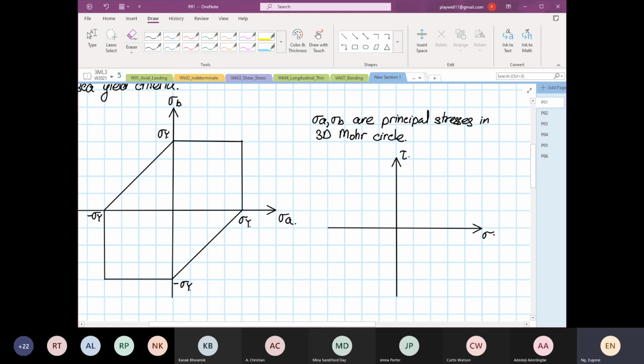Okay, if I were to draw 3D Mohr's circle, this is just a sketch. So this is one of the circles. Then you have another circle. Oops, not enough space. You guys will tell me, Eugene, it has to be a circle. You are right. And this is the third circle.